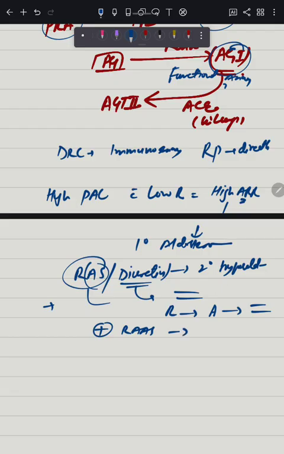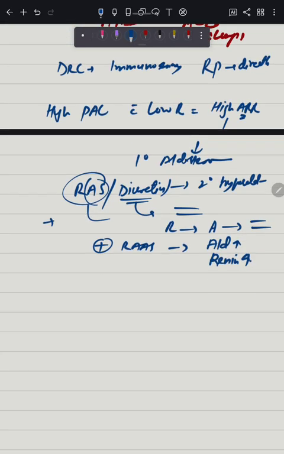In both cases, there will be high aldosterone and high renin. But if both are low, for example, the patient has Cushing's, or a patient is on exogenous steroids, in that scenario we will see decreased renin and decreased aldosterone.